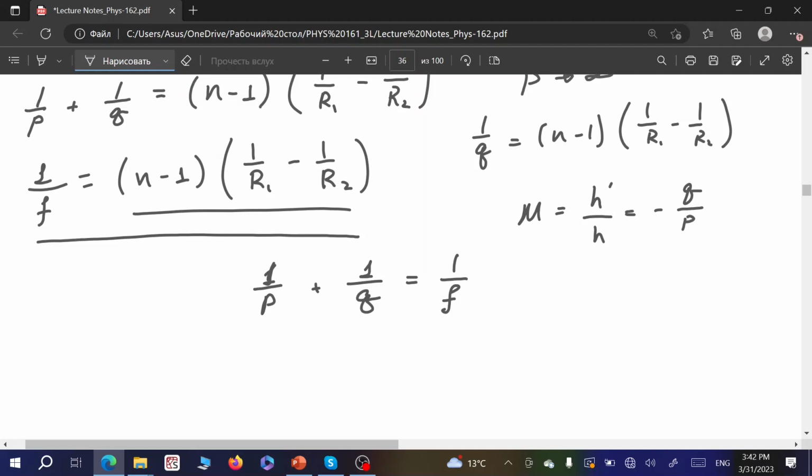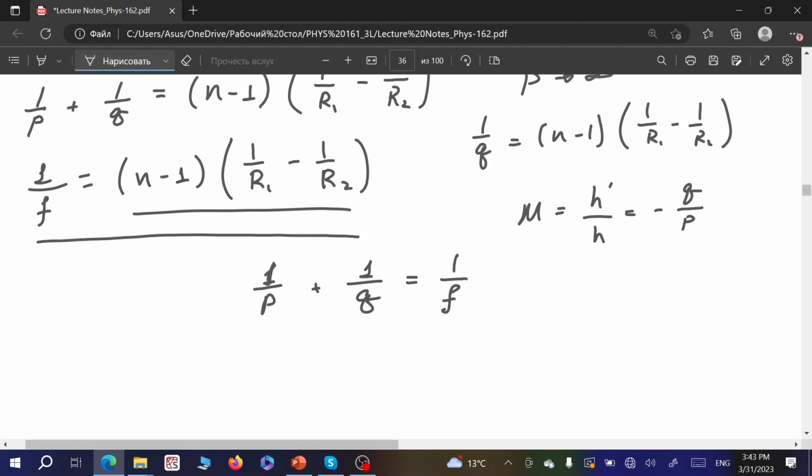Second, we have only one curvature for a mirror. That's why we deal only with one radius of the spherical mirror. So eventually, we have focal distance as a function of a single parameter, the radius of the mirror. Focal distance is twice smaller than the radius of curvature of this spherical mirror.